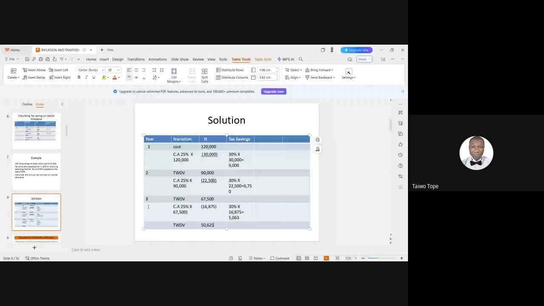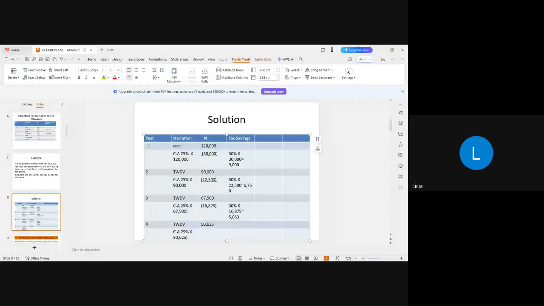So our capital allowance will be 25% of 50,625.